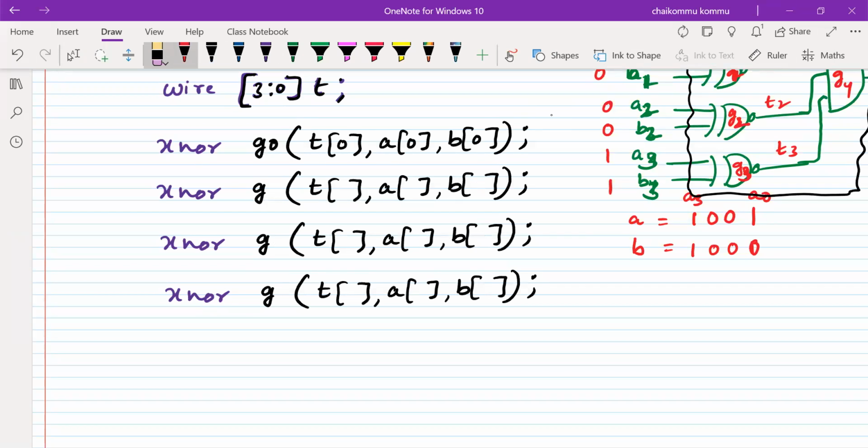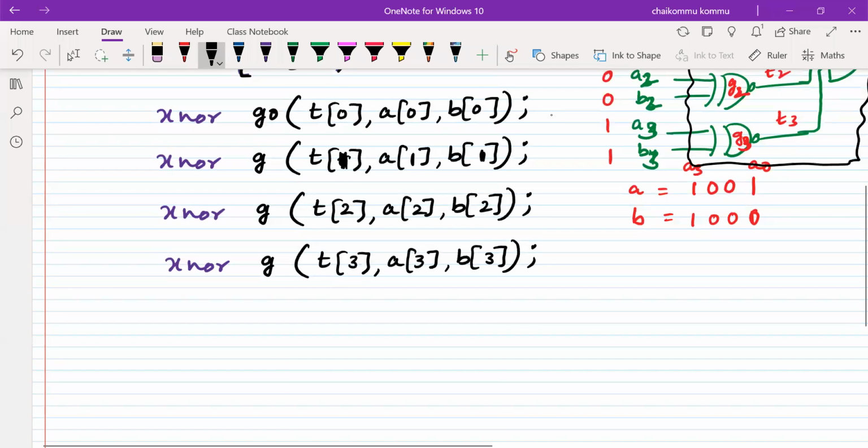So here it is 1, 1, 1, then 2, 2, 2, then 3, 3, 3. The gates are G1, G2, G3.